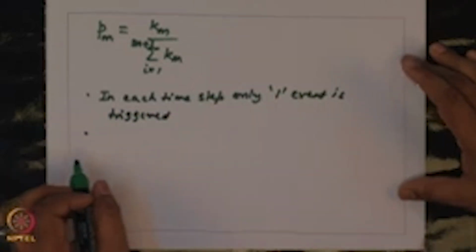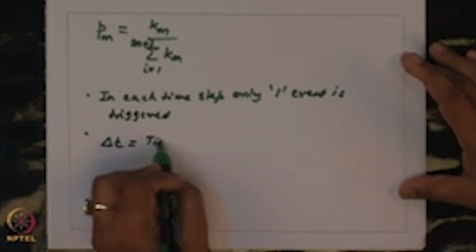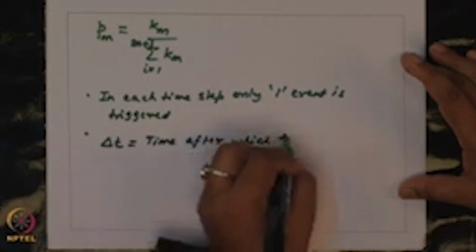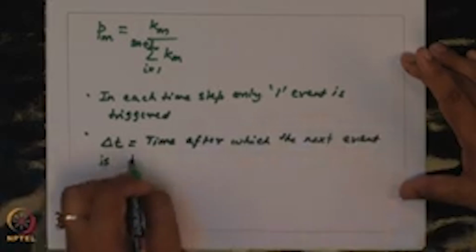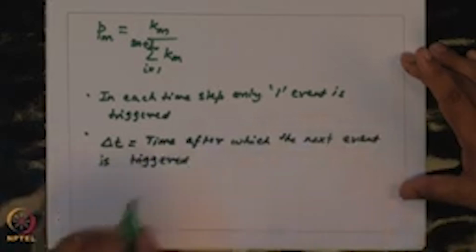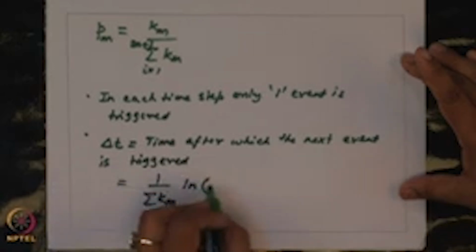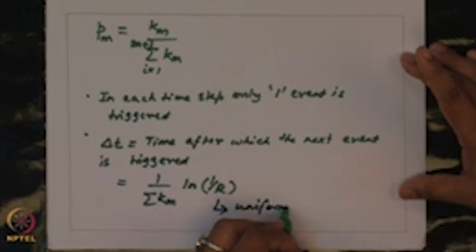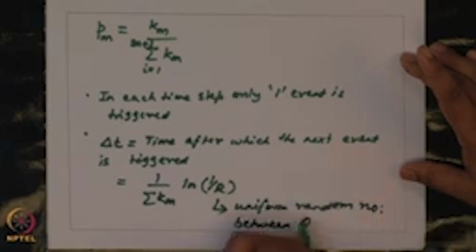And the time after which the next event is triggered, delta t, is given by 1 over the summation of all rates times log of 1 by r, where r is a uniform random number between 0 and 1.